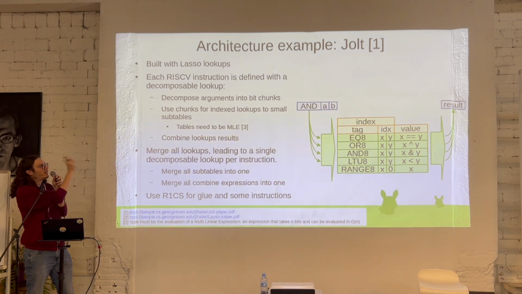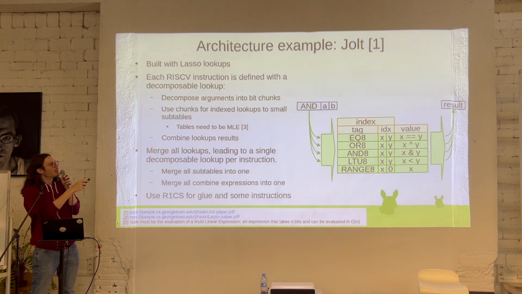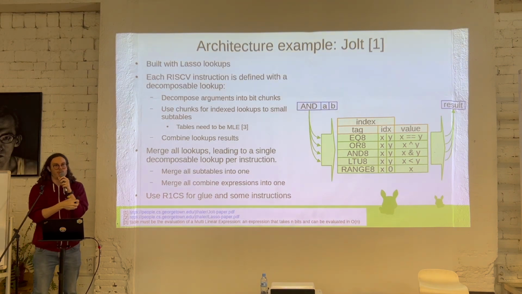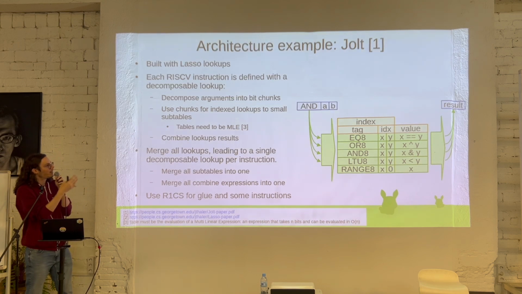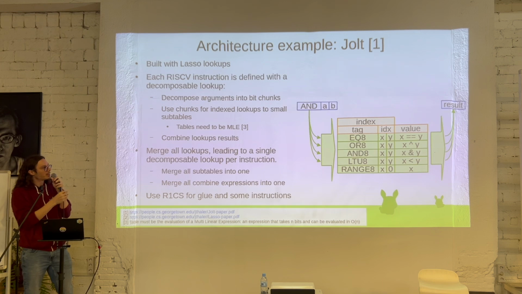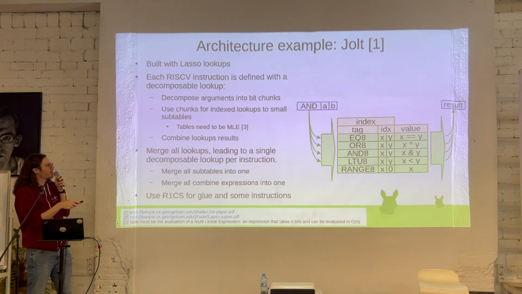So for instance, we take the first 8 bits of A and the first 8 bits of B. Then we do a lookup to a subtable with these values and get a result. And the same with other chunks. So at the end, we end up with results of lookups to these subtables. Then we have all these results, we combine them again, and we get the final result.